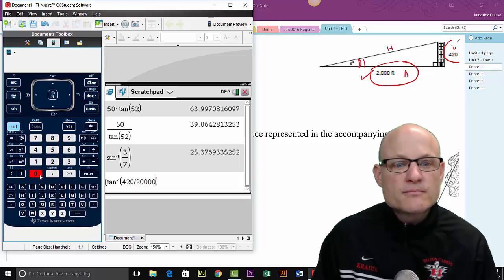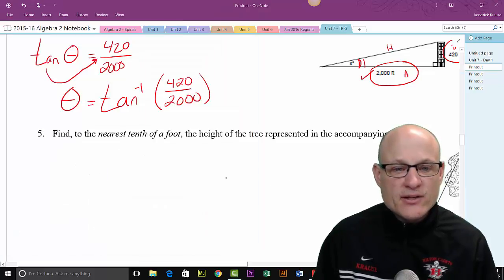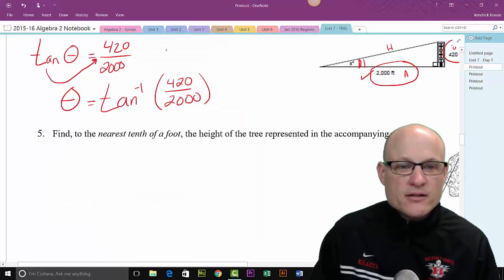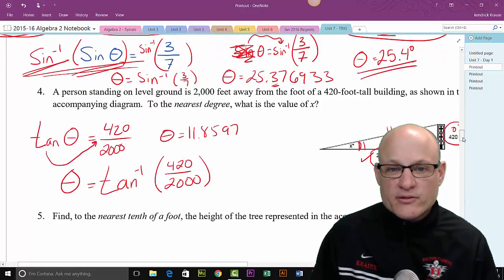I think I got too many zeros. Enter. I get 11.8597. So theta equals 11.8597, rounded to the nearest degree. So theta equals 12 degrees.